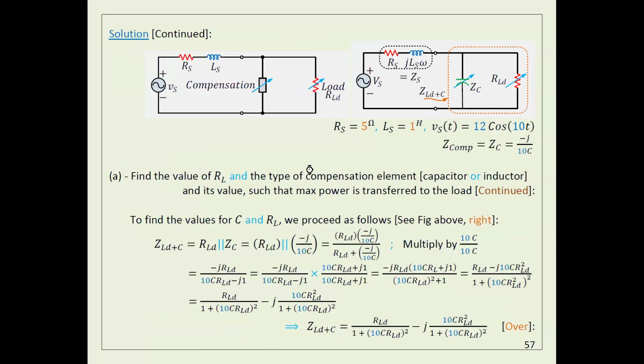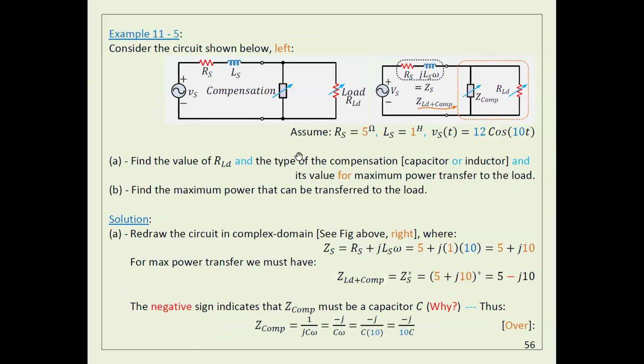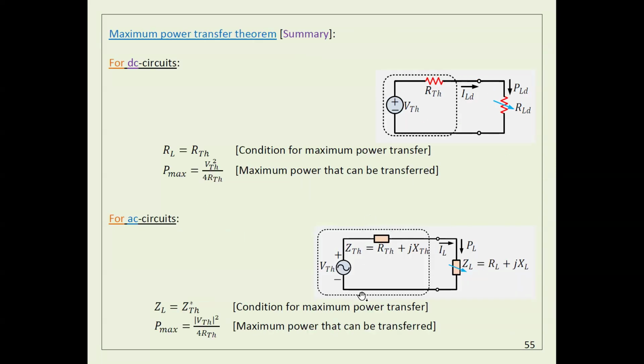I think I have an example here. I can go through it quickly. Let's go through this example. This is the load I have, and we have an impedance here and V7 here.